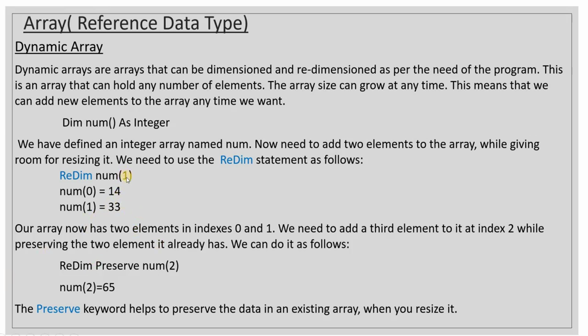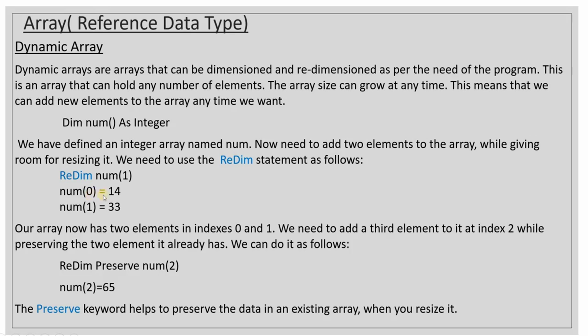If we write num(2), then we will write num(0), num(1) and num(2). Now, the num array has two elements at index 0 and 1. Now we want to add a third element to it at index 2, because we already have index 0 and 1.